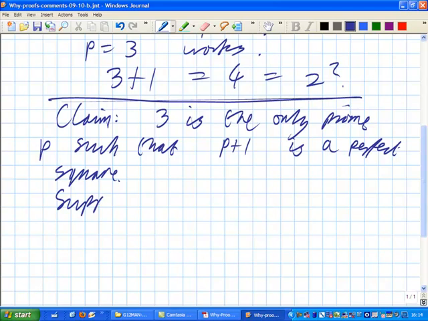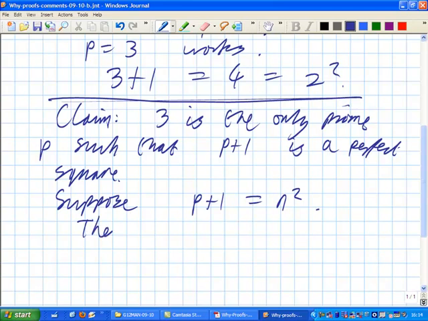So we're supposing, suppose p plus 1 is, I think you went for n, is that right? N squared. In this case, p is n squared minus 1. Right, so what do you do with that? So n squared minus 1 is n plus 1 times n minus 1. Good, so you're factorising it and writing it as n plus 1 times n minus 1.